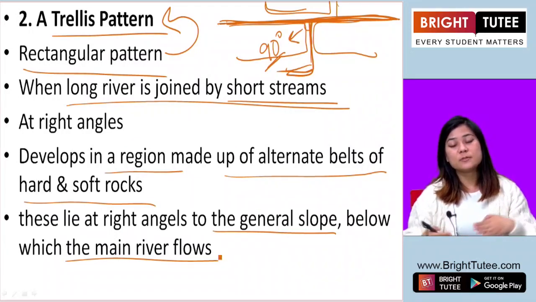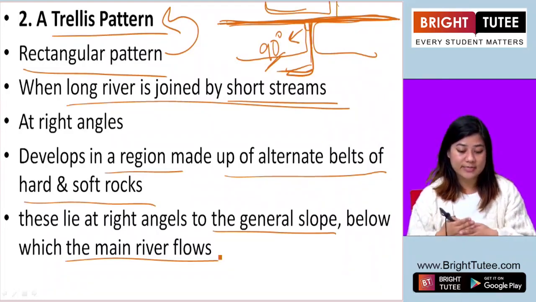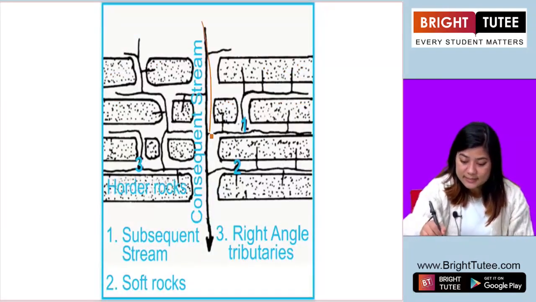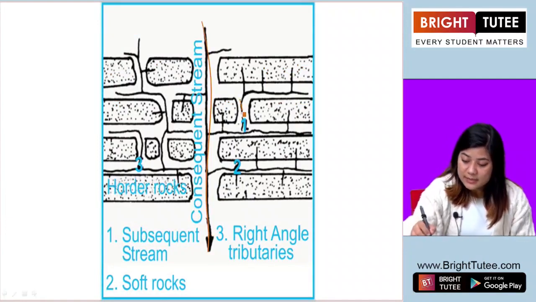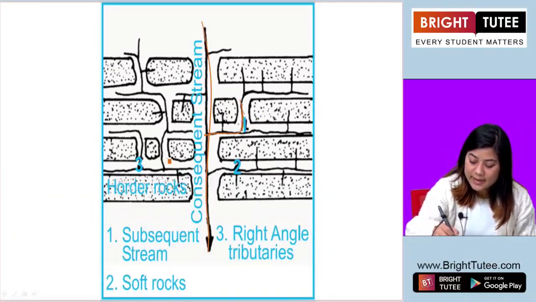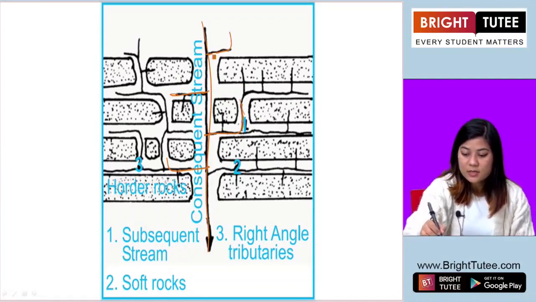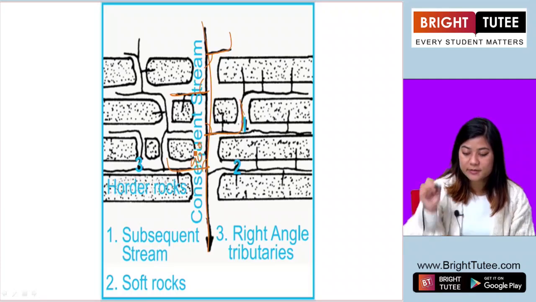The short streams join the main river at 90 degrees or at right angles. All right. So here you can see this is the main stream, and the small short streams join the main river at right angles. All right, so the angle here is 90 degrees.